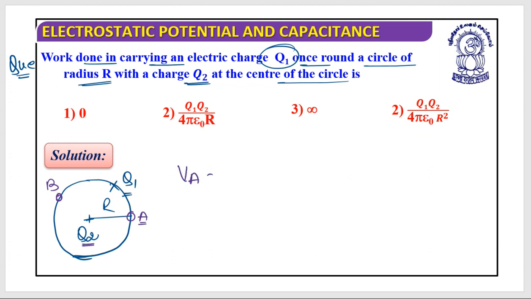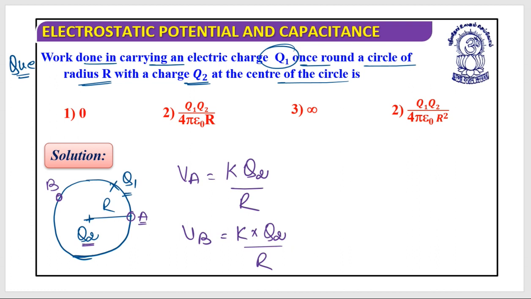So VA is equal to K multiplied by charge Q2 divided by radius. Now the potential at B is K multiplied by charge Q2 divided by radius R. This is VB, the potential at B. I hope this is clear.